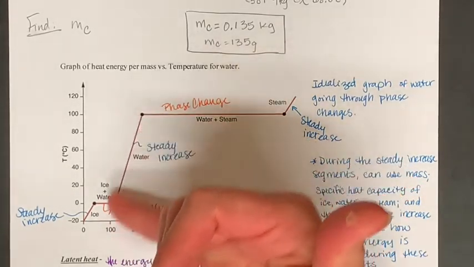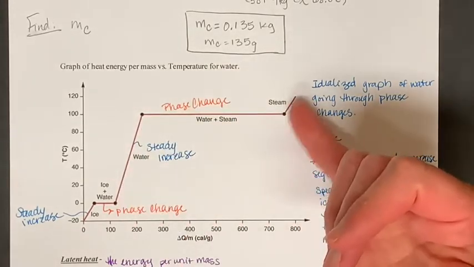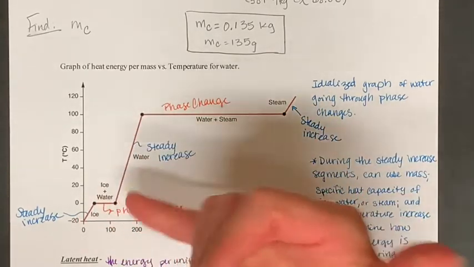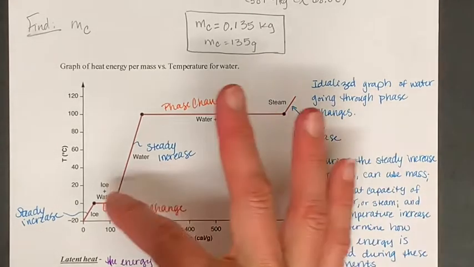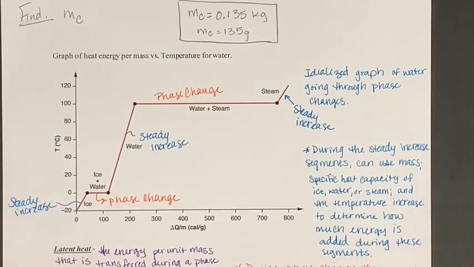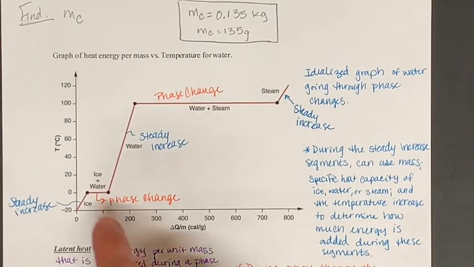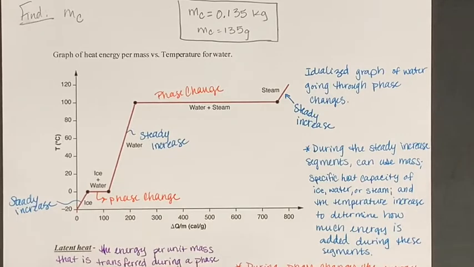So you can find Q during these segments based on the mass, the change in temperature, and your specific heat capacity. During these steady increases, the energy added is going into increasing its temperature. During phase changes, however, these spots here, the energy added increases the internal energy without increasing the temperature.